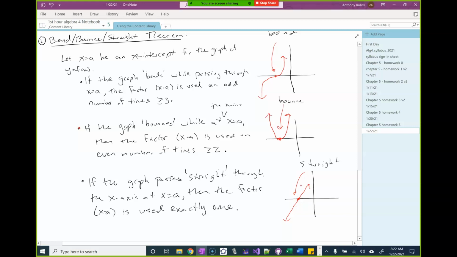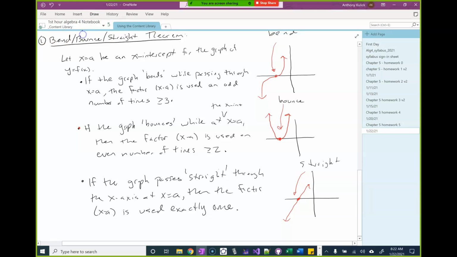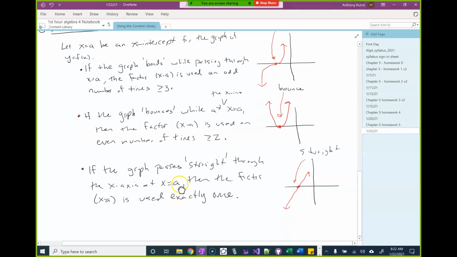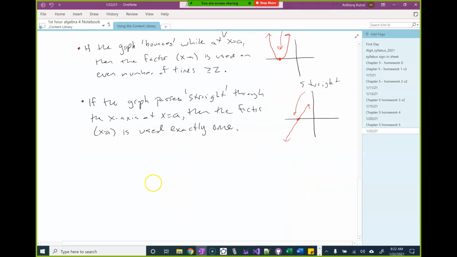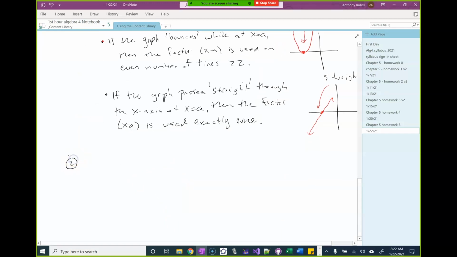Okay, our next one is called the Irrational Conjugates Theorem.